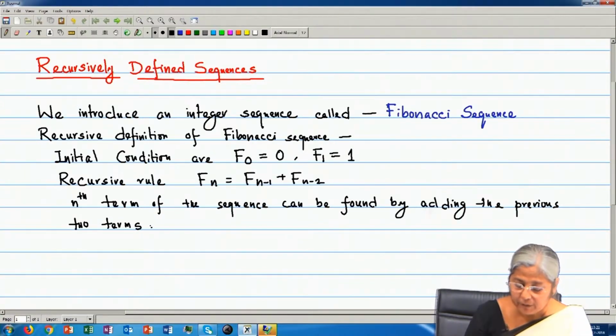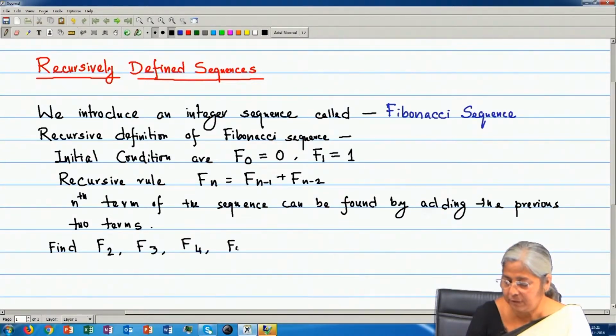So, how can we find the terms using this recursive rule? Since f0 and f1 are given, we find f2, f3, f4, f5, f6 by applying the recursive rule along with the initial values.